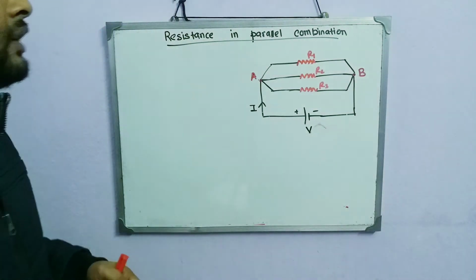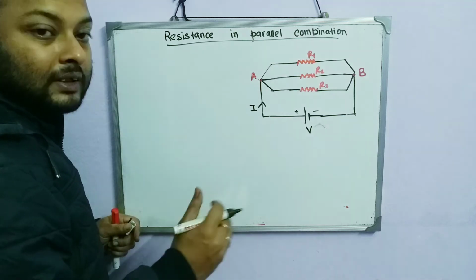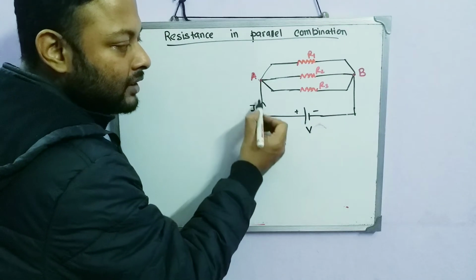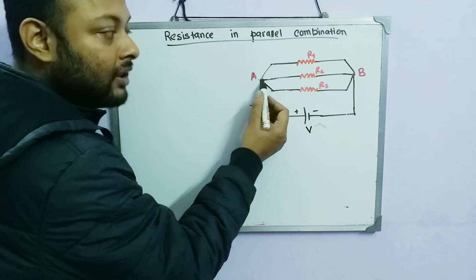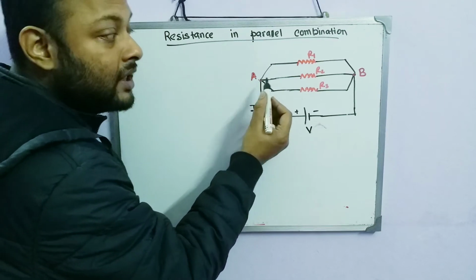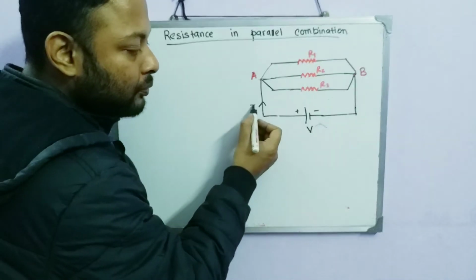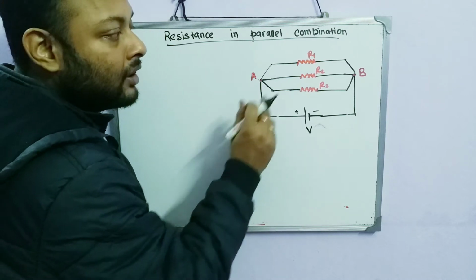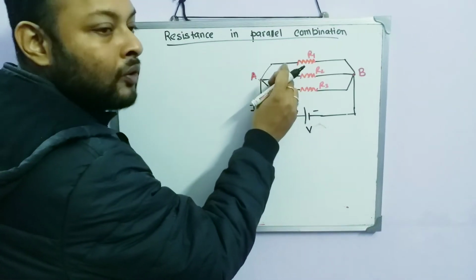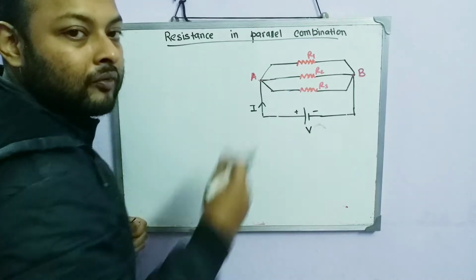Now, when current is going till here, there is no problem. But after here, the current is getting divided into three parts. Suppose this current is say 10 ampere. From 10 ampere, say 3 ampere will go over here, 4 ampere will go over here, and another 3 ampere will go over here.